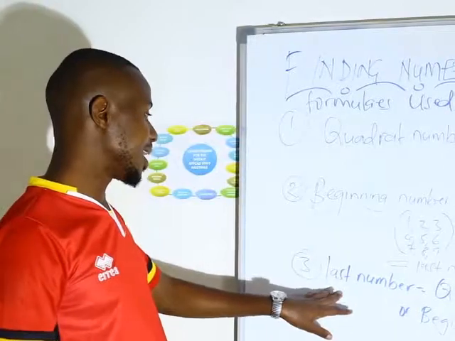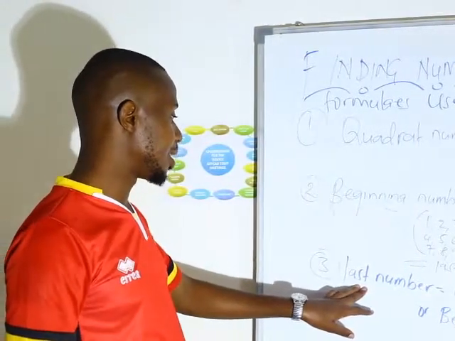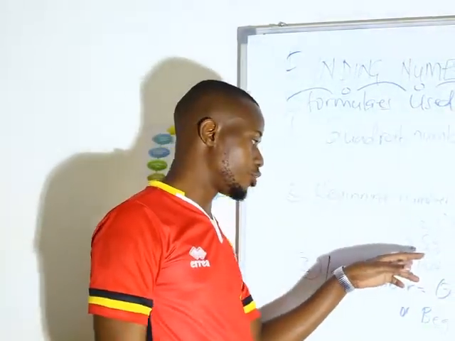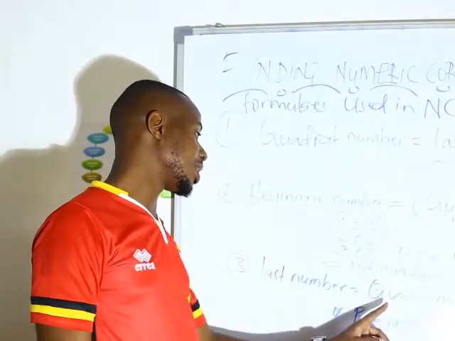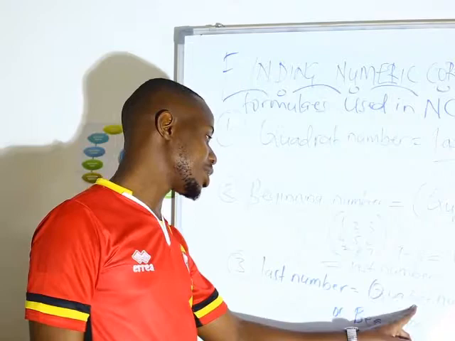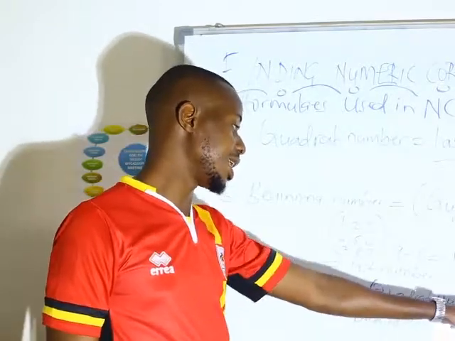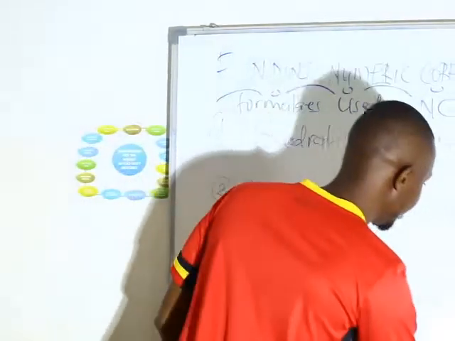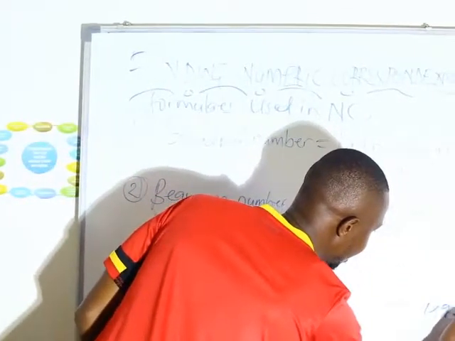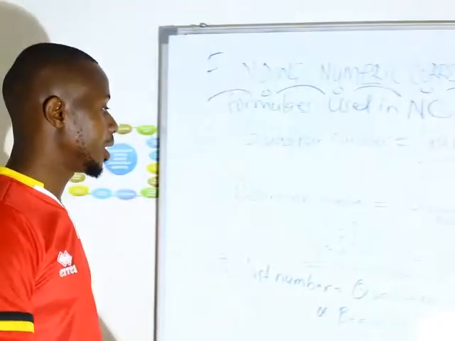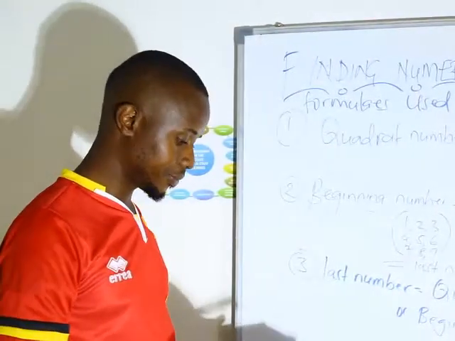Then, another formula to get the last number: this is the first quadrant, which is represented by 1. So first quadrant, which is 1, times 9 gives you the last number, which is 9.